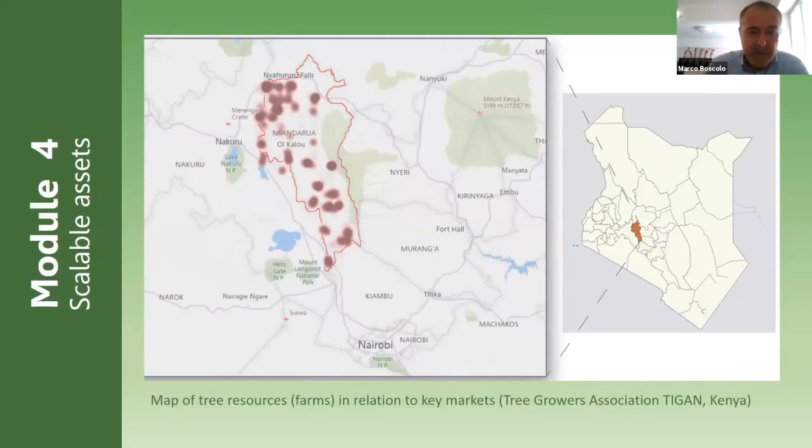This is a map produced by the Tree Grower Association of Nyandarua in Kenya, and illustrates the location of their tree farms in relation to markets. The tree growers in Nyandarua used to sell their trees as individual farmers directly to intermediaries.